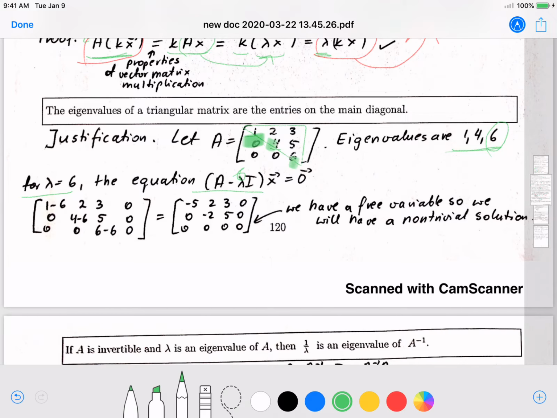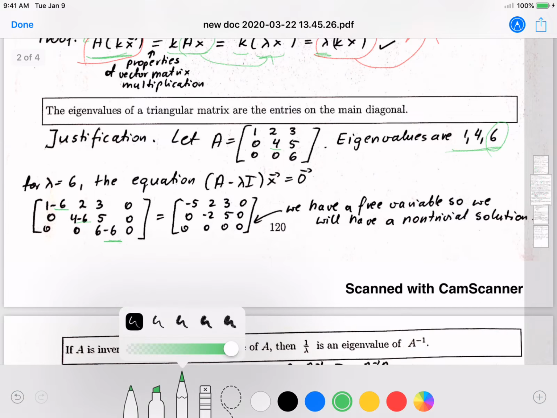So if I subtract 6 from the main diagonal, because identity has only main diagonal entries, we look at the original matrix and subtract 6 from the main diagonal entries. So I'm going to have 1 minus 6 and so on. And if I calculate this correctly, then that's what I'm getting.